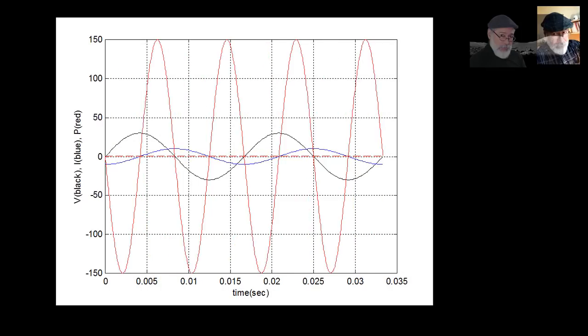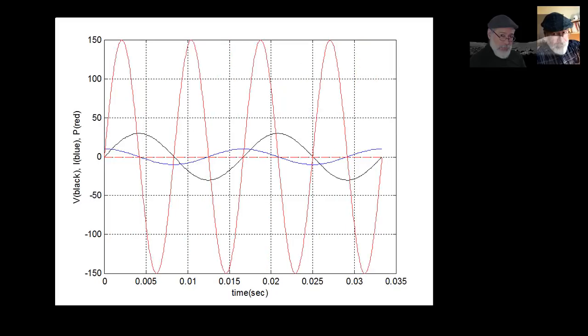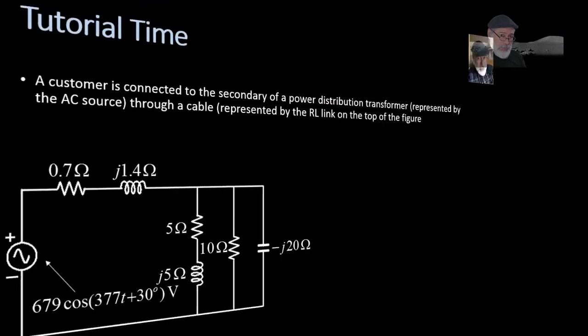So, when one of them is absorbing power, the other is delivering power. So, we could put together a capacitor and an inductor in such a way that they play ping-pong with one another and they leave alone the cables, the transformers, and the generators of the utility. Isn't that nice? That is called power factor correction, and there's a whole chapter we will see in another video that is linked to this one.